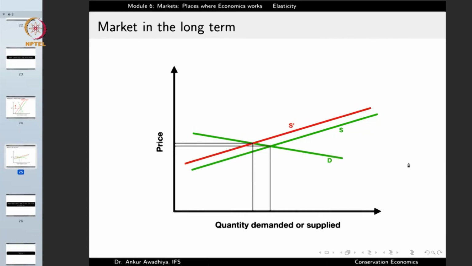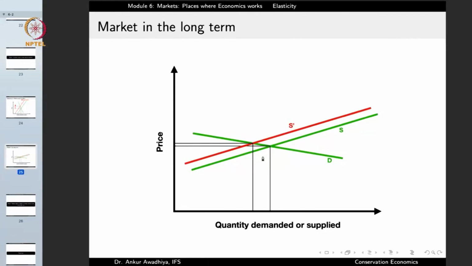Also, in the long term, the supply also changes because if the price is large, then more and more people would start to extract the oil. So even those oil firms that were not competitive enough in this market because the prices were low and they had a very high cost factor of extracting the petroleum, they will now enter into the market.